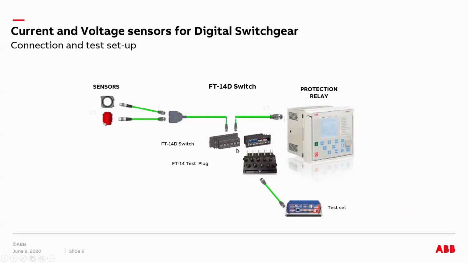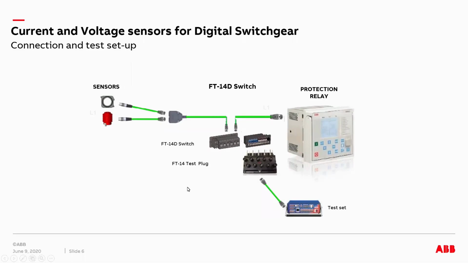If you're testing, this can be used along with a test plug, where any standard secondary injection test kit which is capable of injecting LEA output can be used to inject the LEA output into the relay, bypassing the sensors. So that is the arrangement here. This is very similar to the traditional CT-PT wiring using an FT switch, but in this case it is an FT14D switch.